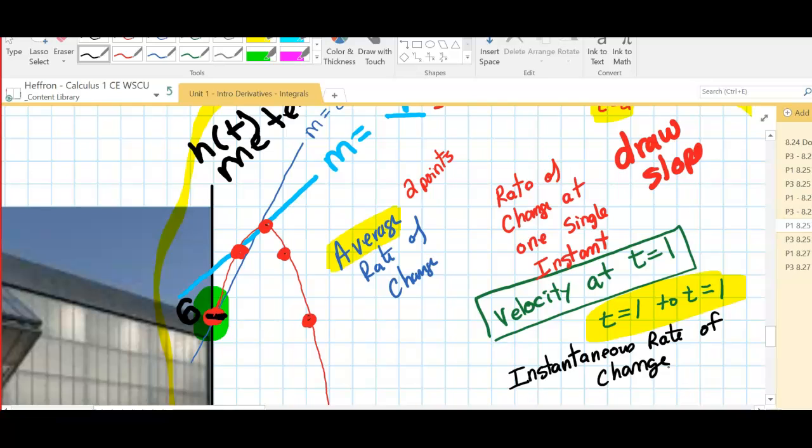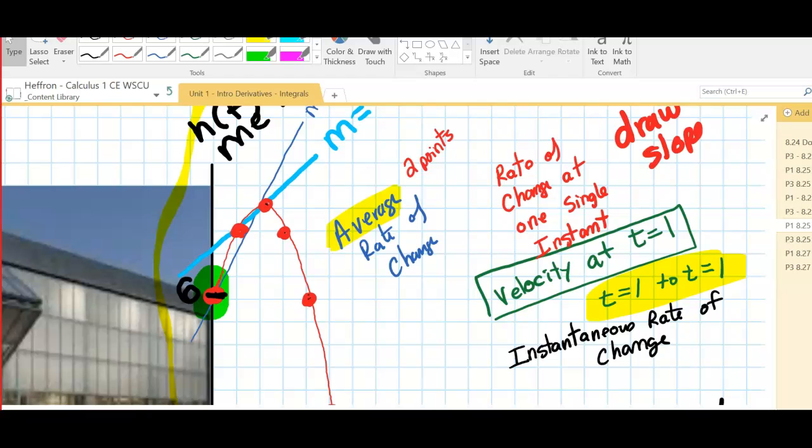And so I want to draw on our screen what it looks like. It's no longer between 2 points. It's right at 1 point. It touches the graph at exactly 1 point, and we call it a tangent line.